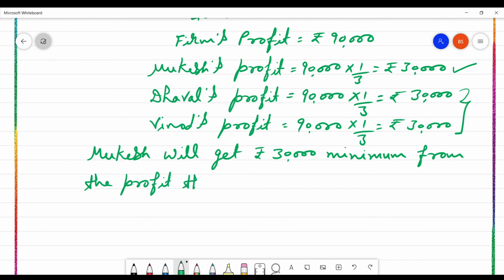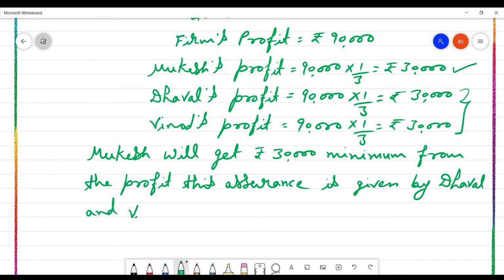This assurance is given by Dhaval and Vinod.